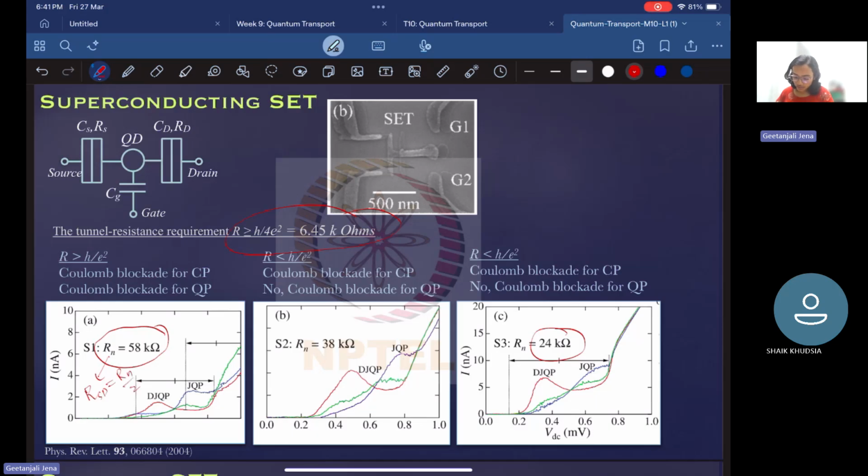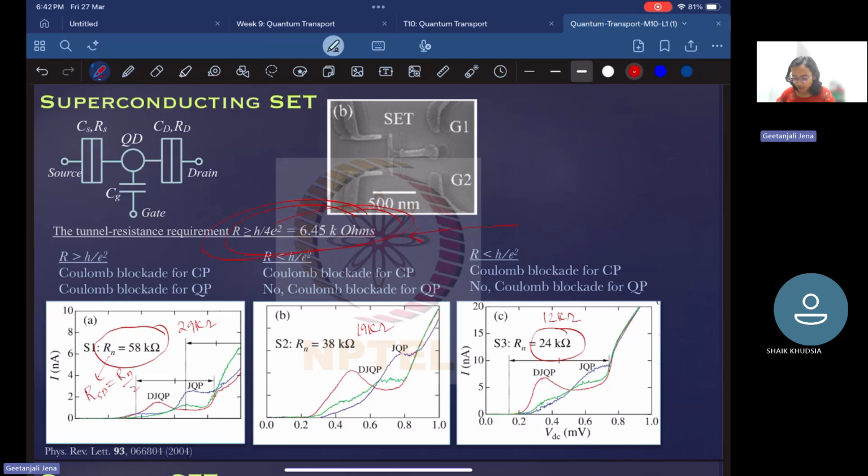So in this figure, we are varying the tunnel resistance from 29 kilo ohm to 19 kilo ohm and 12 kilo ohm. Keep in mind that whatever condition we are making for this tunnel resistance, it is for the resistance of each junction, not the total one. That is why we are dividing it by 2.